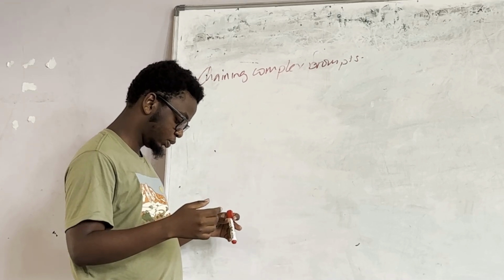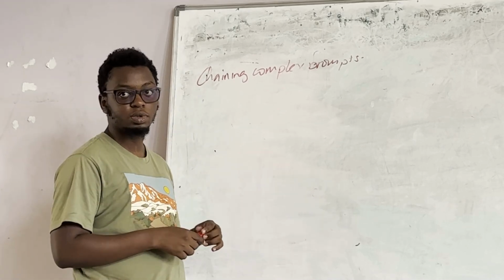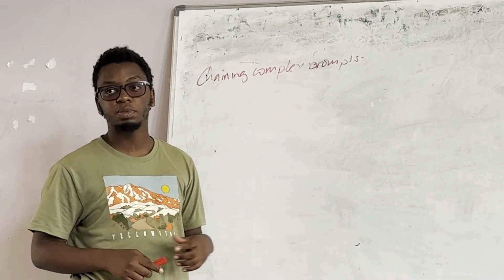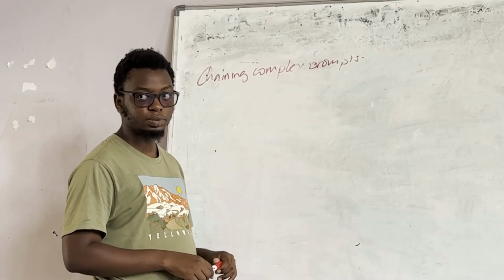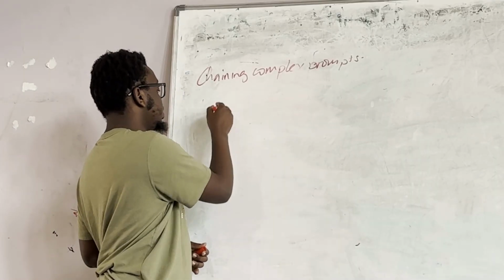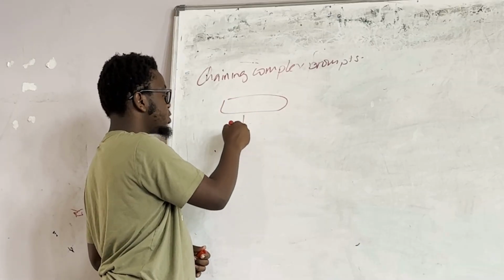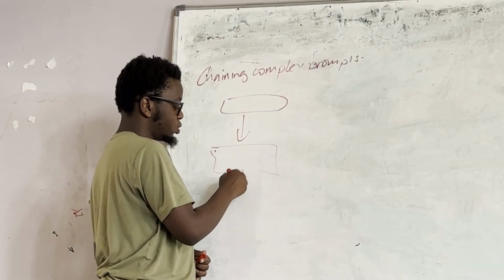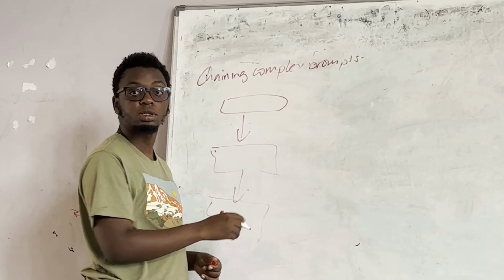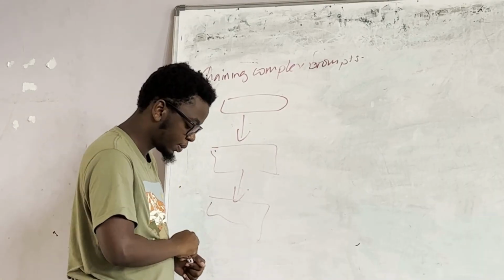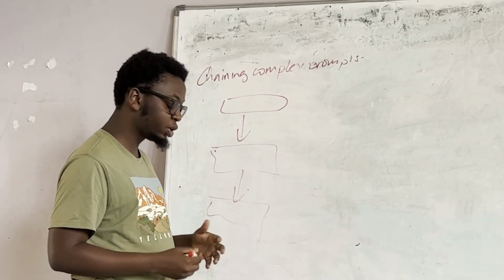That's what they call prompt chaining. A chain would be step 1, step 2, and step 3, like that. So why do you do this?